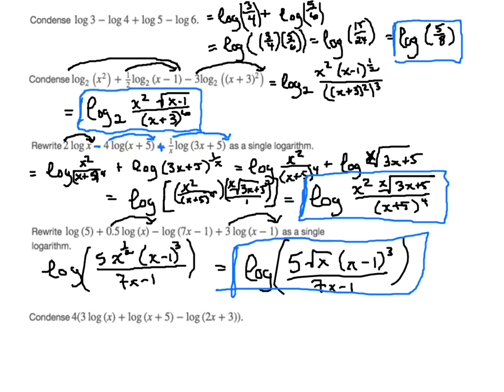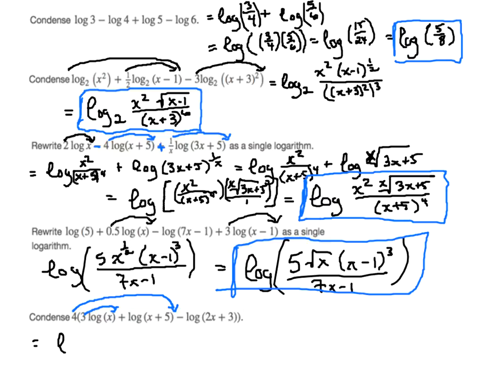All right, this 4 has to go back on the entire logarithm there. The 3 goes back on the x, and those are in my numerator, and then I'm dividing by 2x plus 3, so that goes down in my denominator.